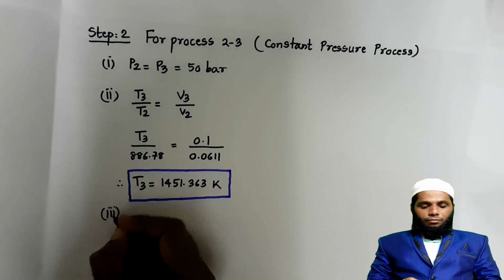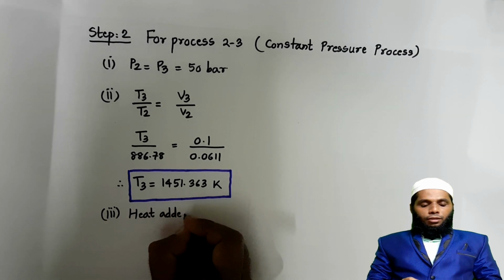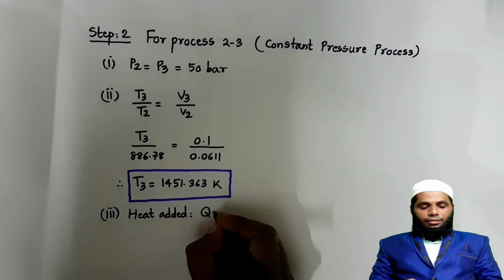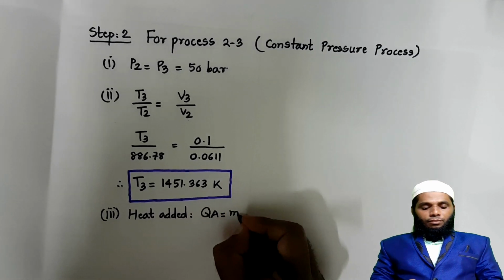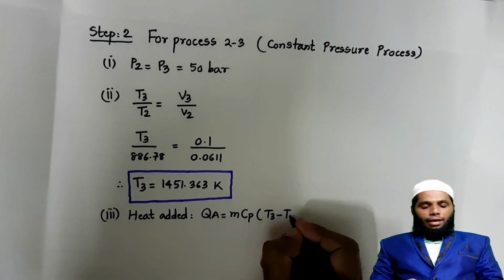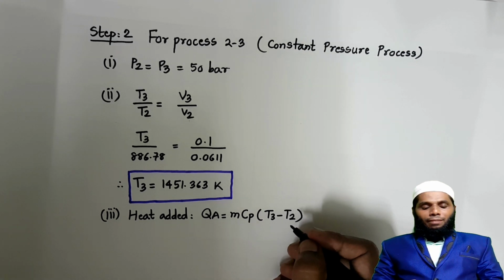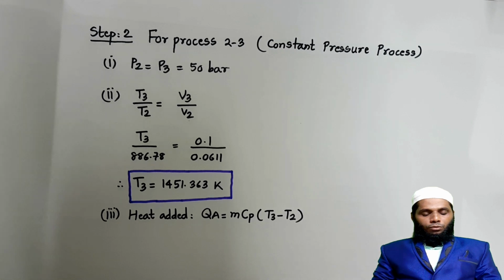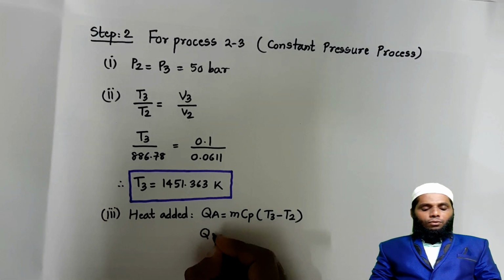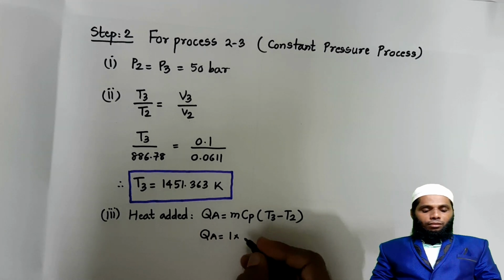Again, in this step, for 2 to 3 process, we'll determine heat addition, that is heat added during process. So heat added QA is equal to MCP into bracket T3 minus T2. We'll take mass 1 kg per second, since it is not given.